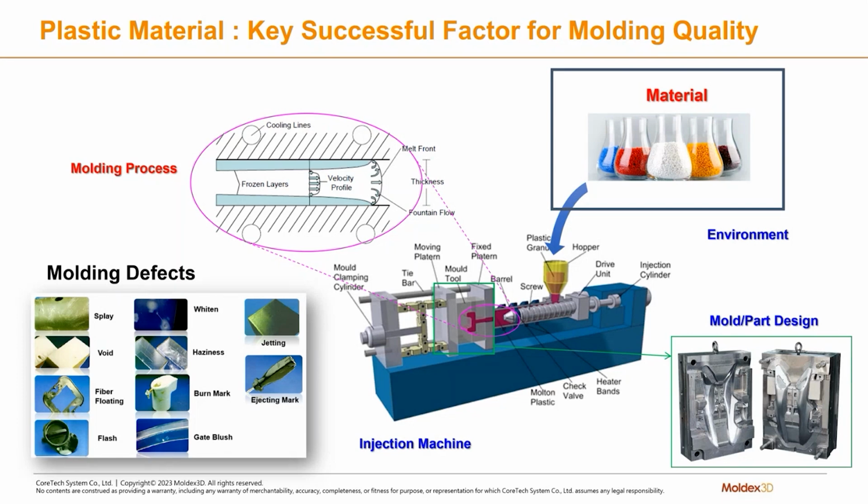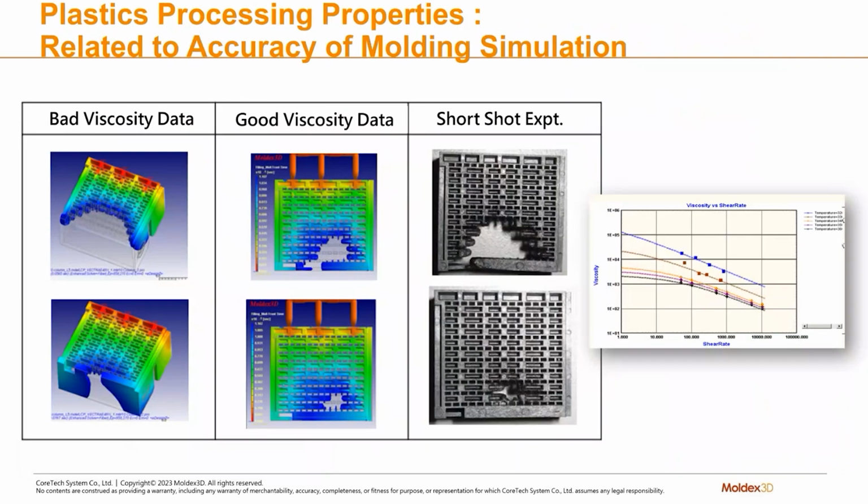Only when we have accurate material properties can we be confident to say our simulation outcomes are the most accurate, taking into consideration all the factors. The factors being the material properties, the injection molding machine, and also the injection molding process. That's a very crucial and important aspect of injection molding simulations.